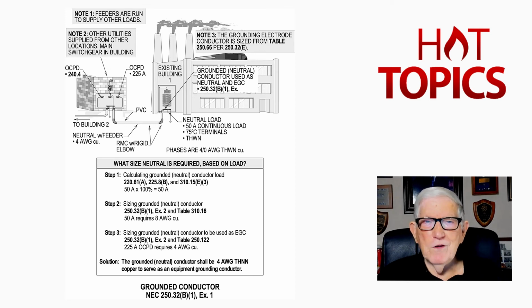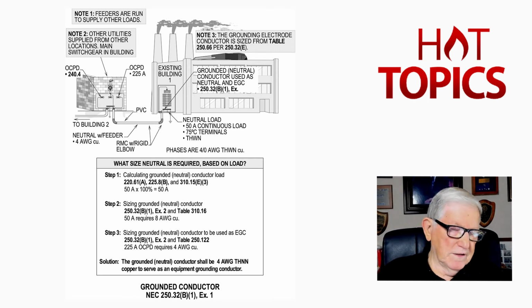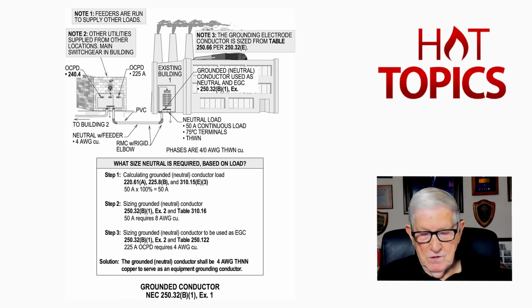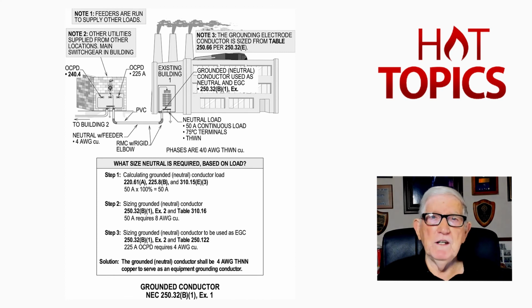You can only do that when you look at the 2005, and the next edition that had revisions to this section was 2008. And then if you look at the 2011, 2014, 2017, and 2020, then it either has to be existing in those cases, or you'd have to connect it in a subpanel, and you can't have parallel paths.